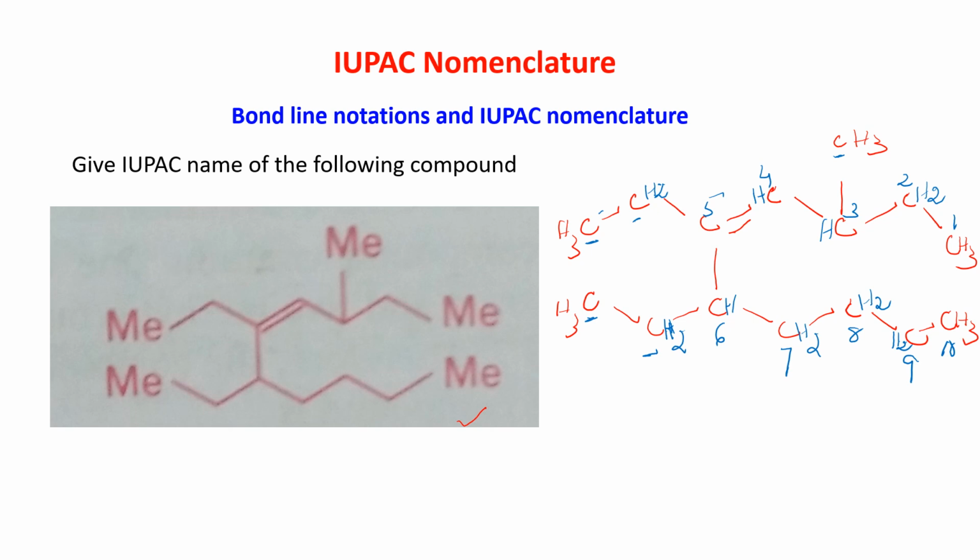Now with carbon number 5 and carbon number 6, there are 2 groups. 2 ethyl groups are present. One ethyl group is present with carbon number 5 and another ethyl group is present at carbon number 6. So what is the name of this compound? The name of this compound is 5,6 diethyl, 3-methyl, this one.